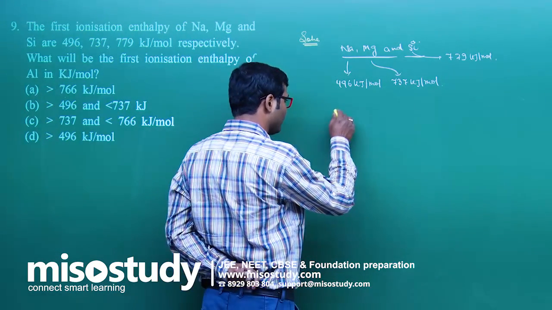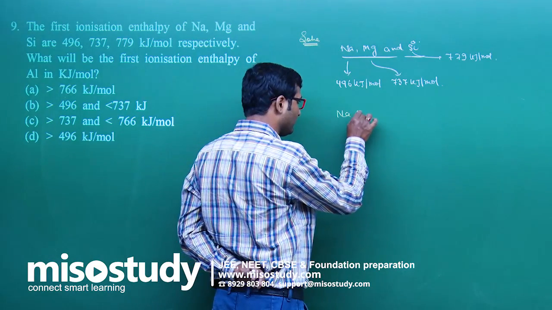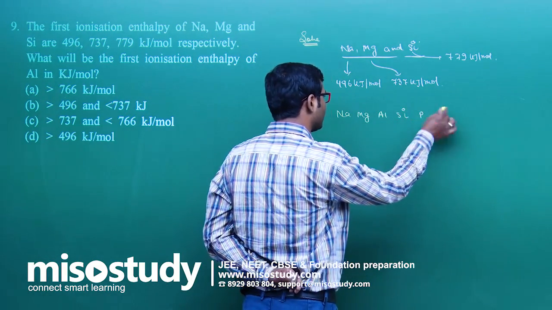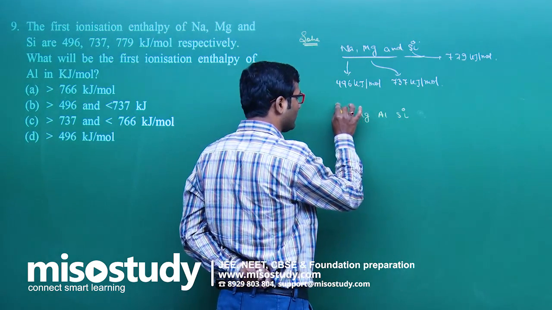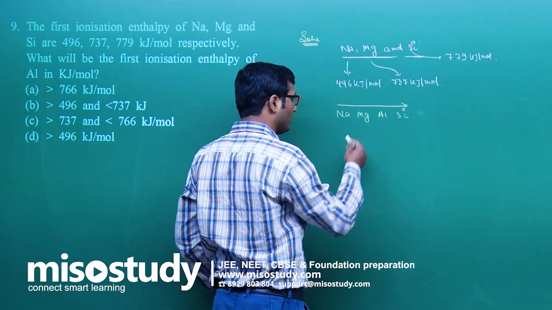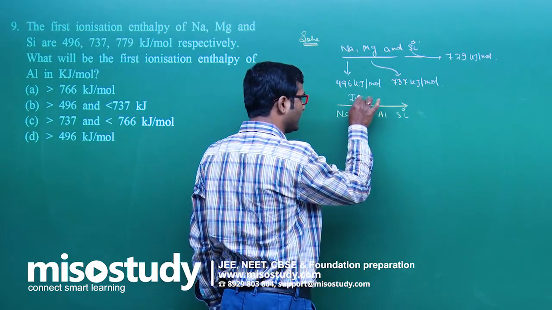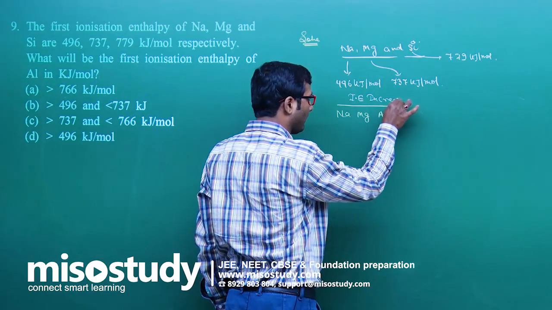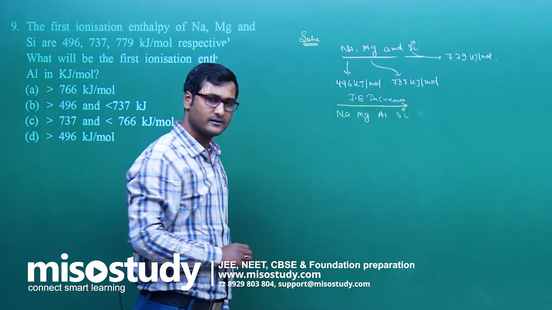Look, if I write here Na, Mg, Al, Si, phosphorus and so on, as we know, when we move along the period, ionization energy increases. Clear?